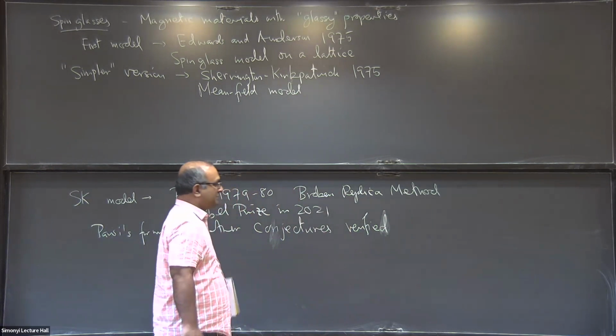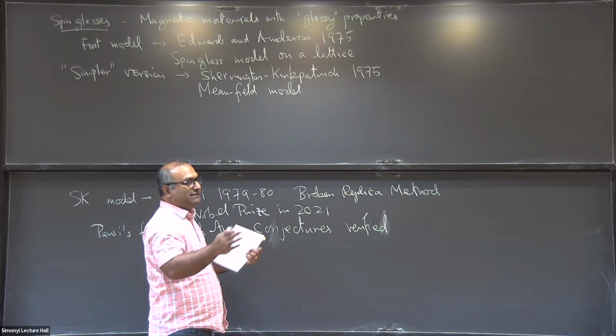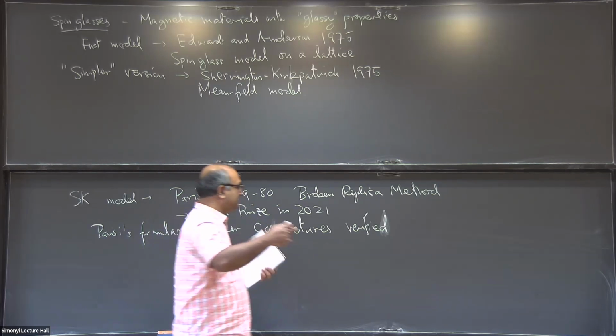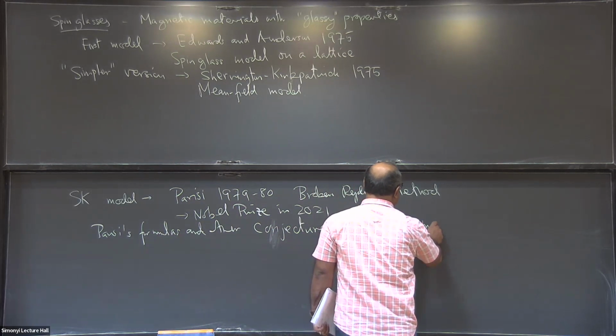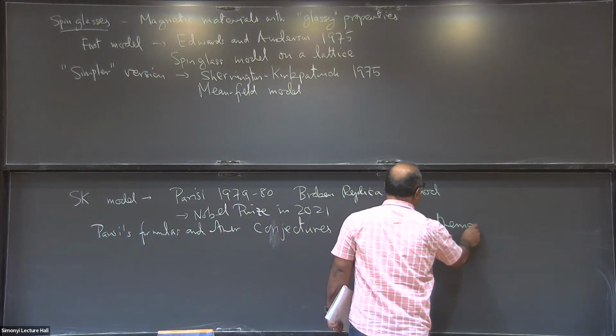It involves groups of size 0, matrices of size 0, etc. And so it was verified by mathematicians, and it took a long time.